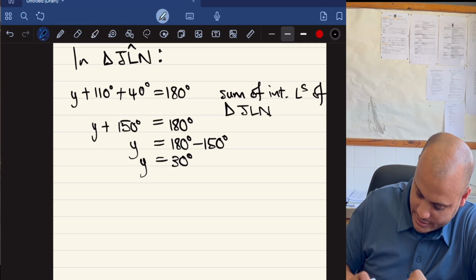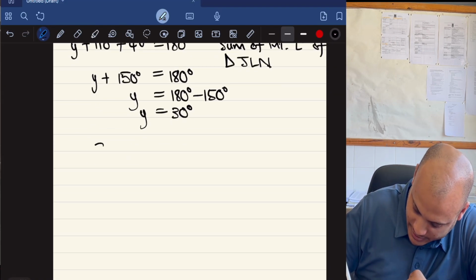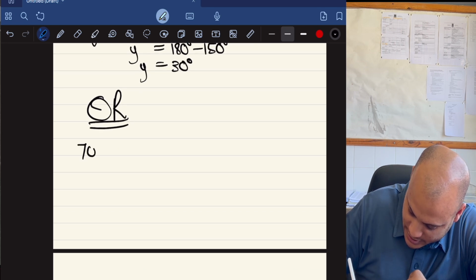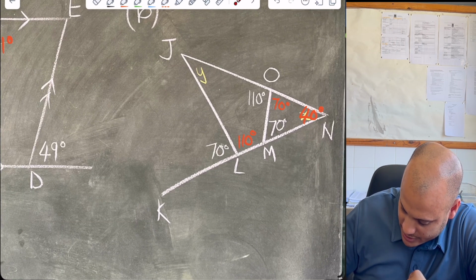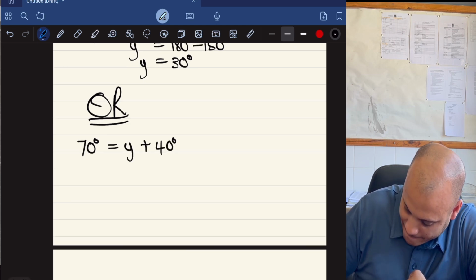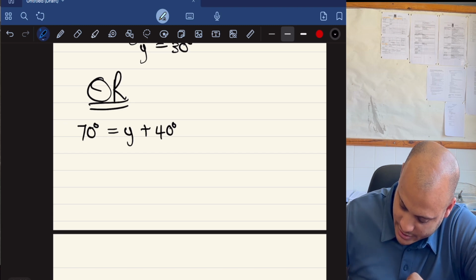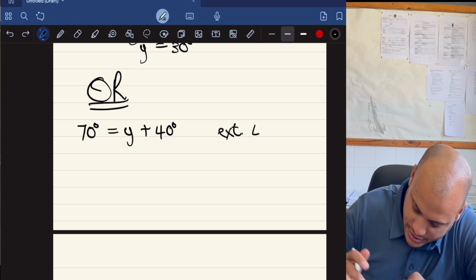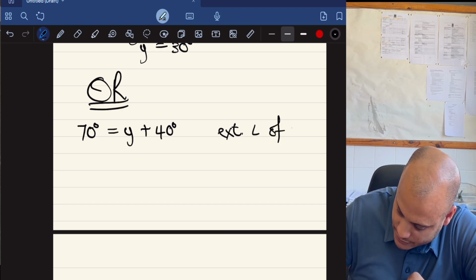So I'm going to write that over here, say that 70 degrees, and the 70 degrees I'm referring to is this one here outside, and that is equal to angle y plus 40 degrees. And the reason for that statement is exterior angle of triangle JLN.